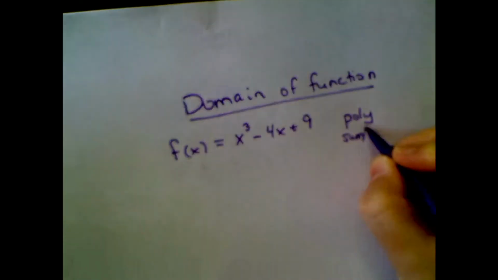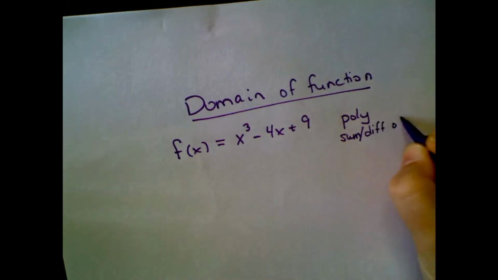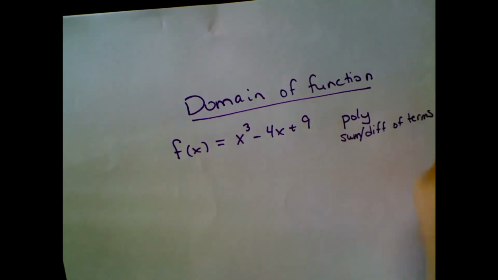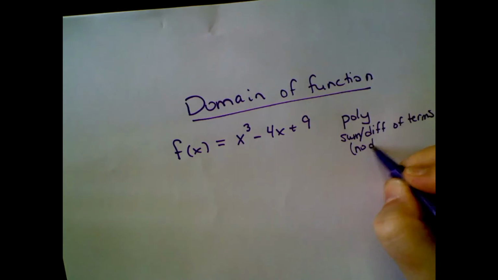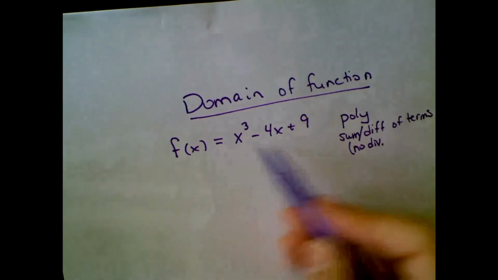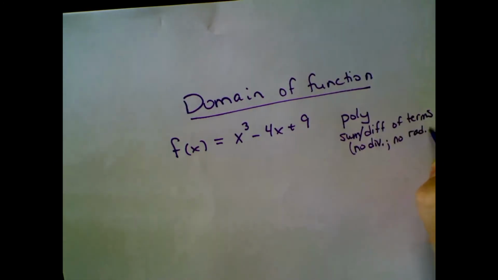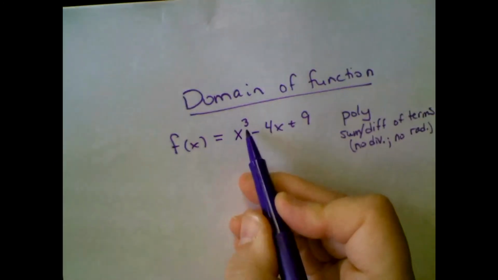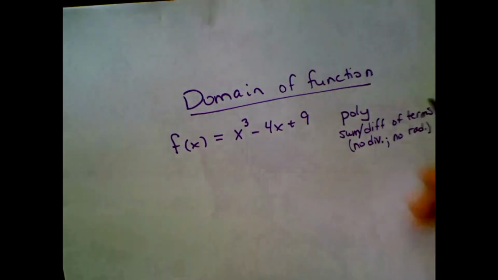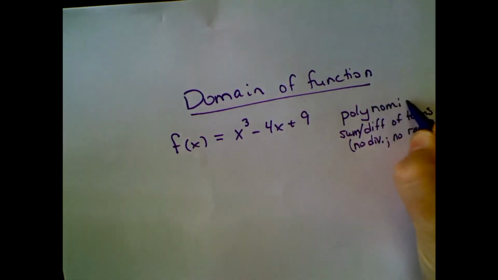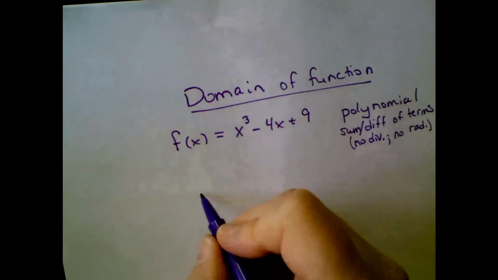So we have sum and difference of terms. There is no division, meaning we don't divide by the input, and there are no radicals. That would also mean there are no fractional exponents. So this is just a typical polynomial of degree 3.